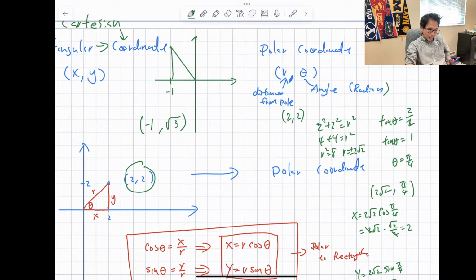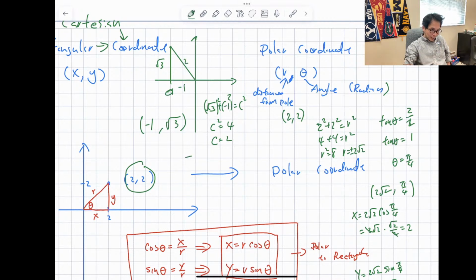So this is square root 3, and this is -1. I'm going to figure out what r is first. So square root 3 squared plus -1 squared is equal to c squared. So c squared equals 4, c is equal to 2. Is that okay?